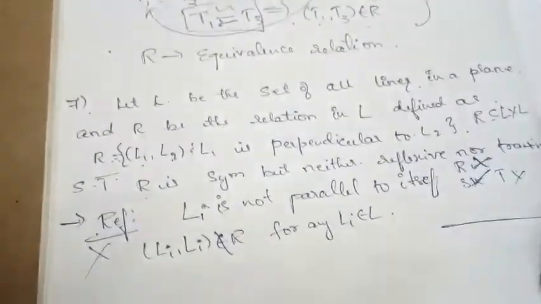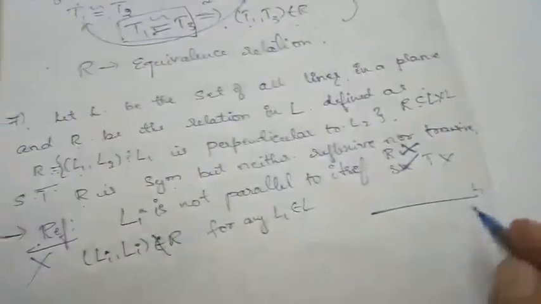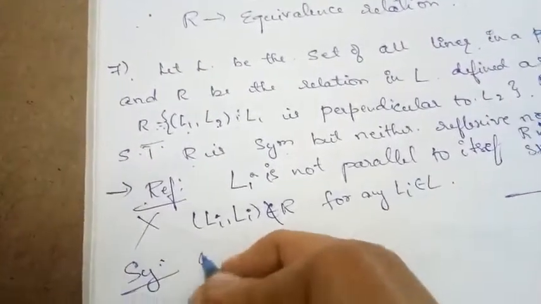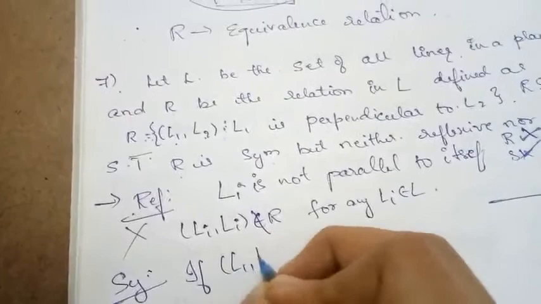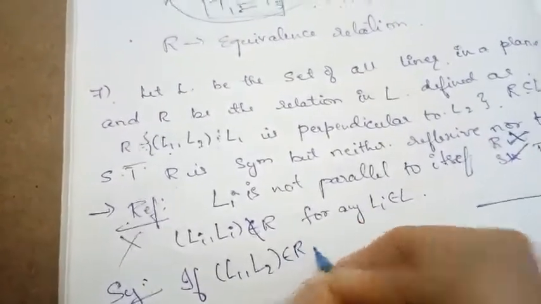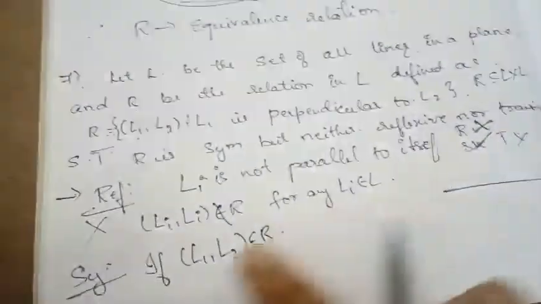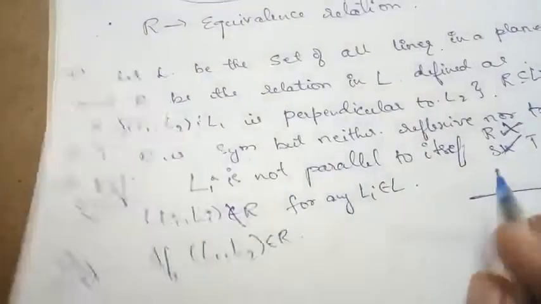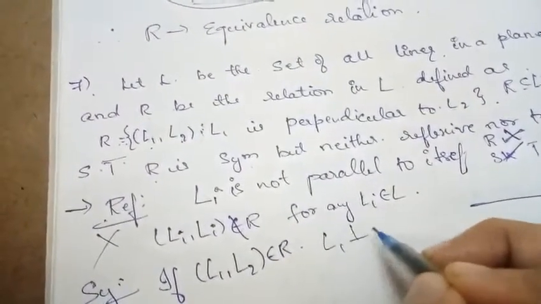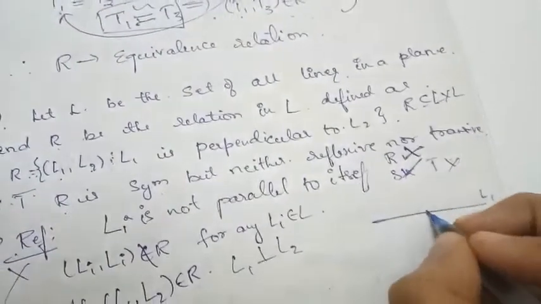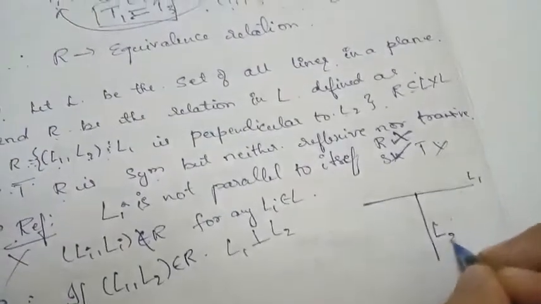Now checking for symmetric. What does symmetric say? If (L1, L2) belongs to R, we need to check whether (L2, L1) belongs to R. If (L1, L2) belongs to R, then L1 is perpendicular to L2. Suppose this one is L1 and I will call this line L2.